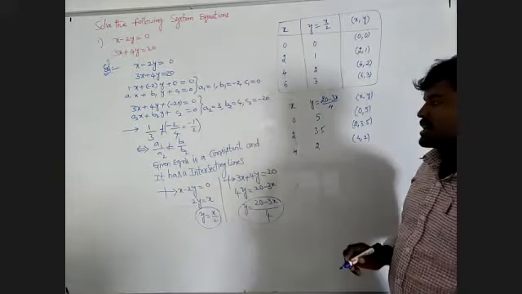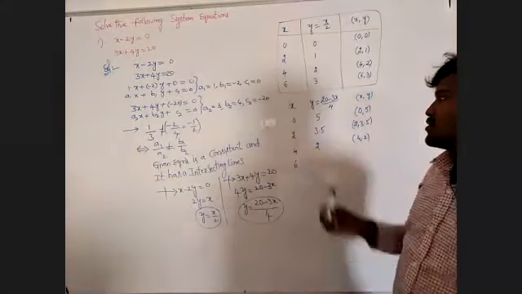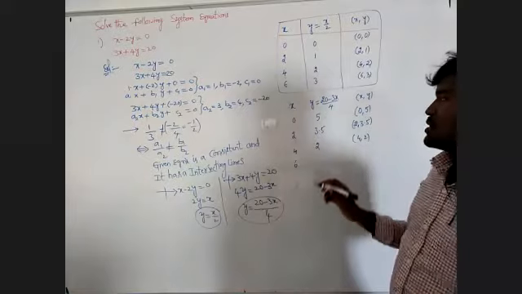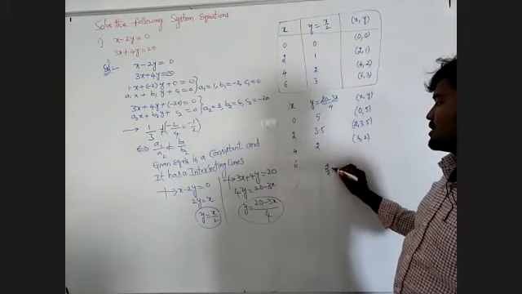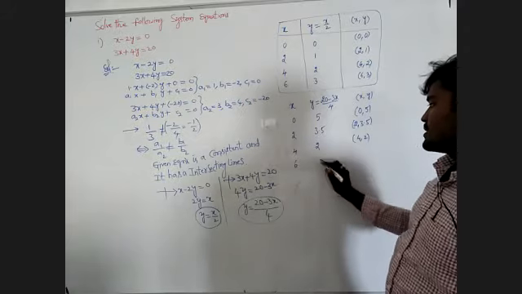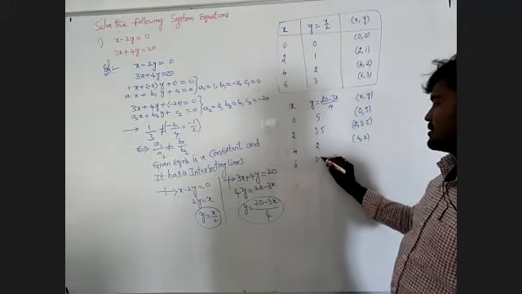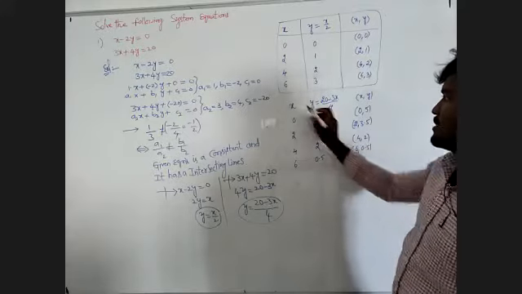After that, let x is equal to 6. 3 into 6 is 18. 20 minus 18 becomes 2. 2 by 4 becomes 1 by 2, which is equal to 0.5. We write this as 6 comma 0.5.